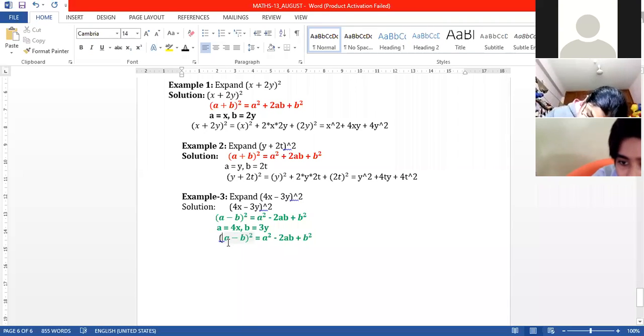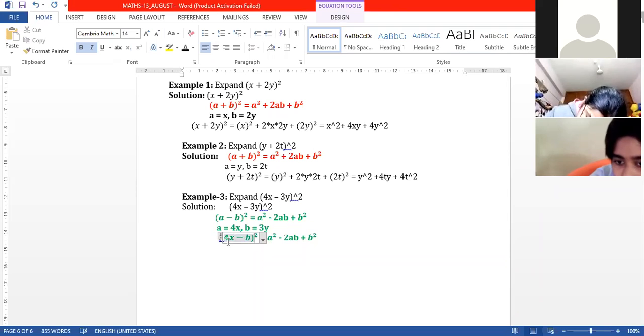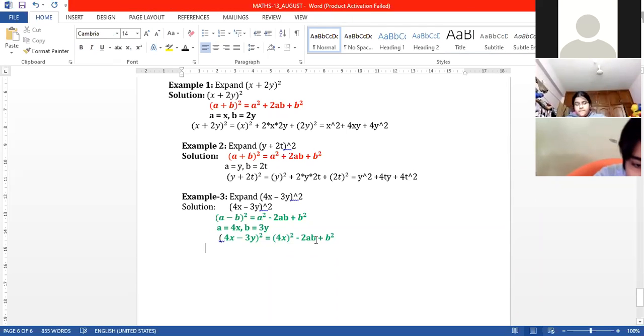Now in the place of a, I want to substitute 4x. (4x minus 3y) whole square is equal to a square. What is the value of a? (4x) whole square, always write in the bracket, minus 2ab.